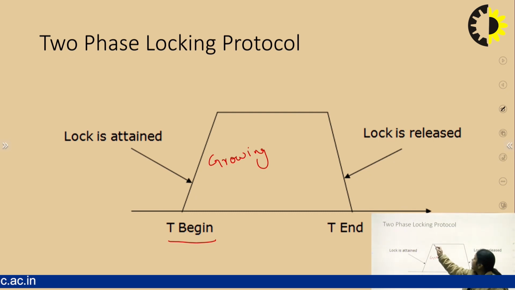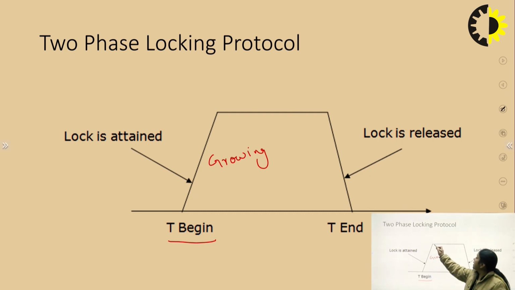And this is the lock point, where we have completed all the locking of the transaction. Now, after that, we will start the shrinking phase. In the shrinking phase, all the locks will be released by the transaction so that other transactions can use these data items. Right?